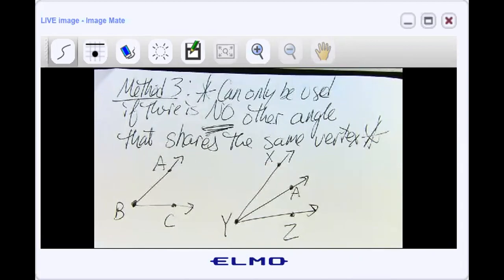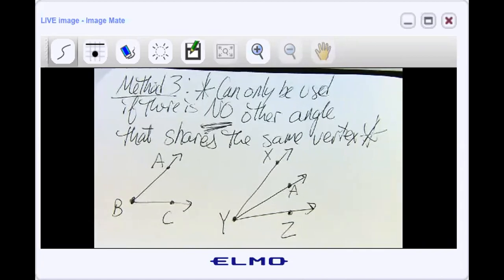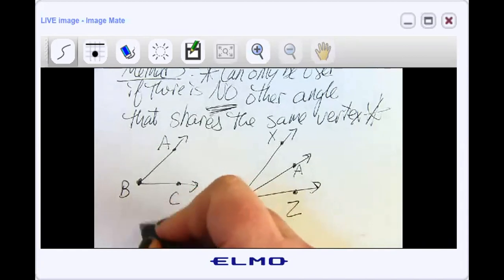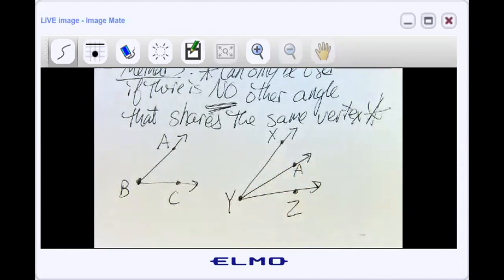So you couldn't get away with this. So what is the method? The method is to just name the angle by the letter of its vertex. So this one, instead of having to call it angle ABC or CBA, you could just call it angle B.